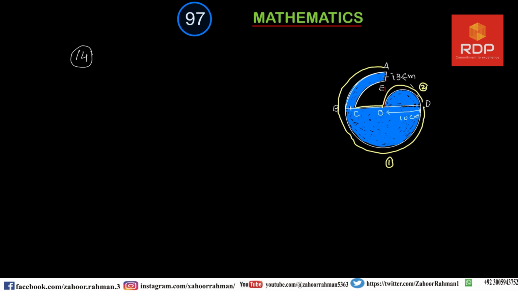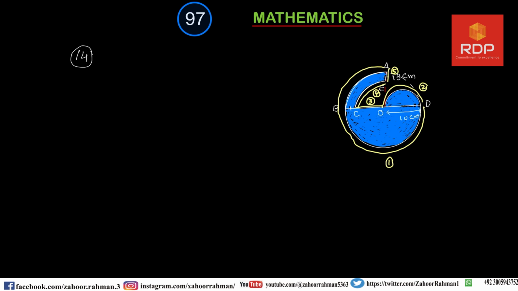Then we are going to this, and I am labeling it as 3, and then this will be 4, and finally this I am labeling as 5. So we have to find the length of each and every part of the external line. So let us start first.